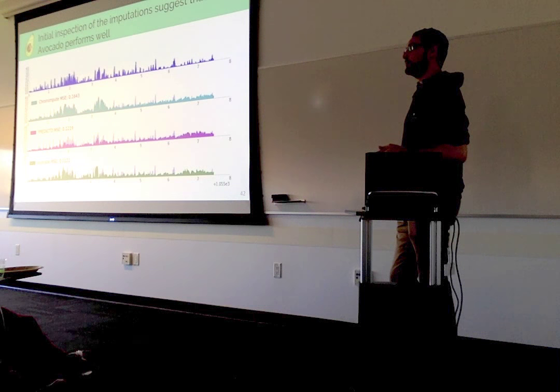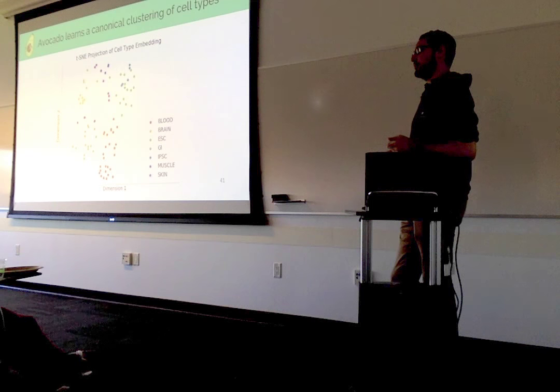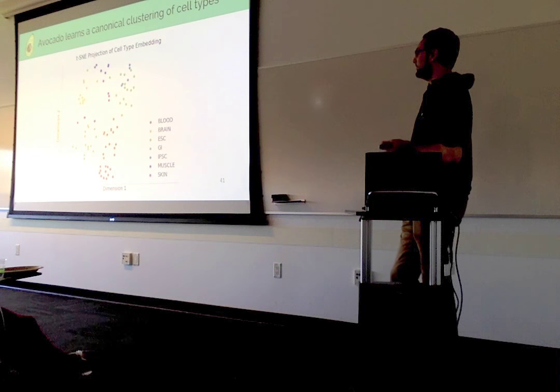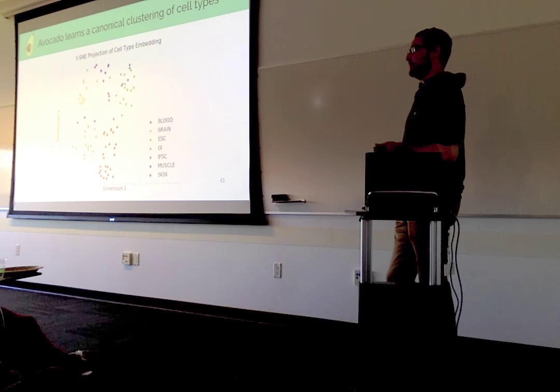Do you have any confounding factors with this data? Confounding factors? Yeah, like male, female, like age. So these are the experiments that have been performed by the Roadmap project. I know that there are different ages and there are different sexes, but I'm not sure.